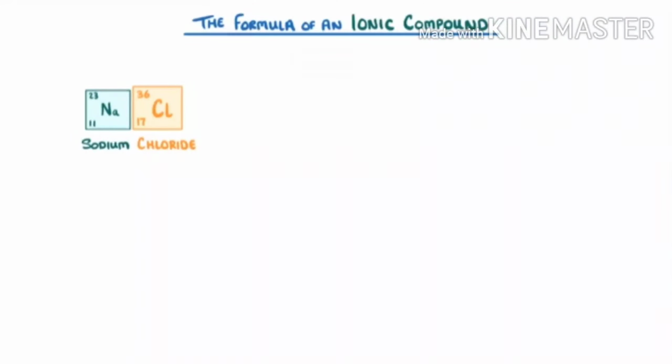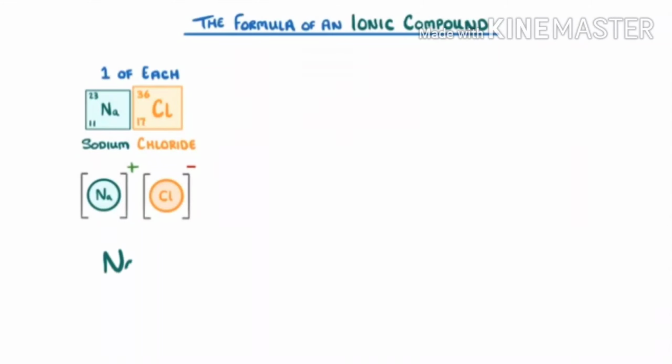Now, how do we write the formula of an ionic compound? For example, sodium chloride. In sodium chloride, sodium has 1 unit positive charge and chloride has 1 unit negative charge. When they combine, they form NaCl.